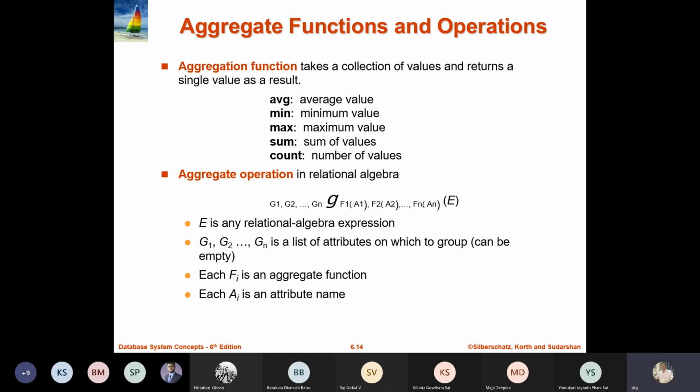right? It can be average, minimum, maximum, sum, or count. Ai is the attribute name on which this aggregate function will work. Especially in case of count, there is a thing called distinct count. Say I want to count the number of courses offered by the CS department in the union of autumn and spring 2021.